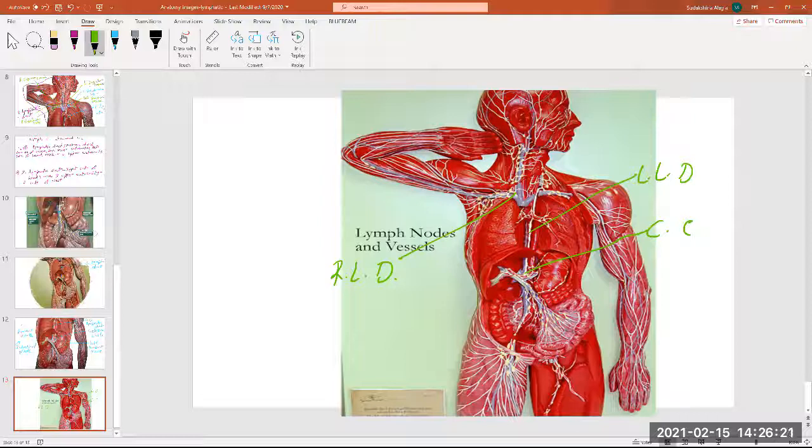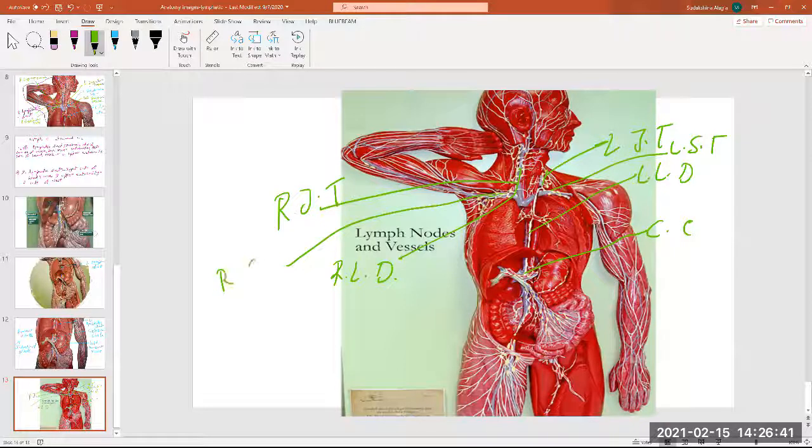You can see the left jugular trunk. You can see the left subclavian trunk. You do see the right jugular trunk. Subclavian trunk is not very clear, but here, right subclavian trunk. So these are the lymphatic ducts and trunks.